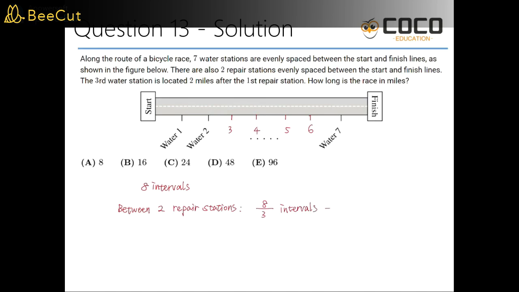Of course, you can convert it into a mixed number. This is 2 and 2 over 3. Yeah. Because the repair stations cut it into 3 equal parts. So the other one is around here. Right. So there's 1, 2, and 3.